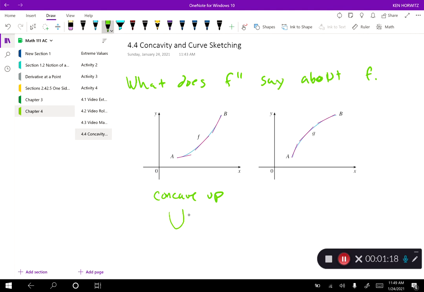If our tangent lines are above the curve, then it's concave down. And concave down is like a frown, so we have concave down. All right, so how does this concept relate to the second derivative?